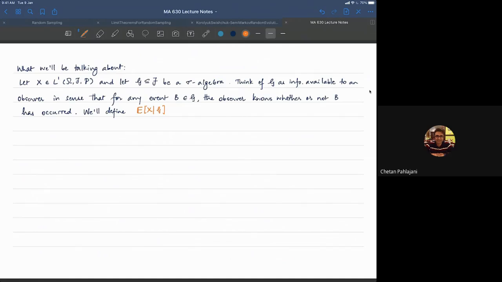What is this quantity going to be called? And this quantity is called the conditional expectation of X given G.